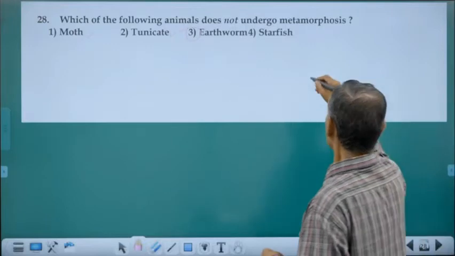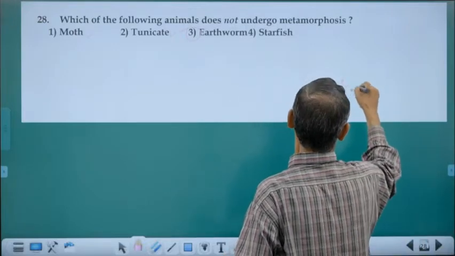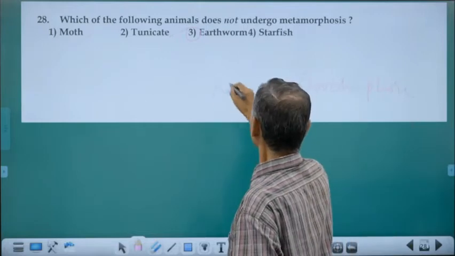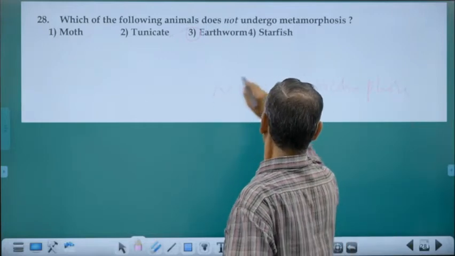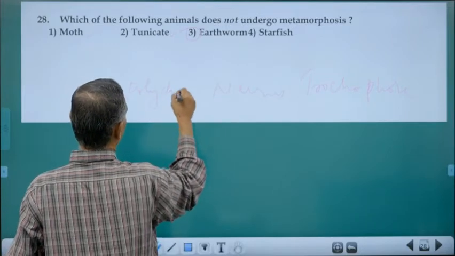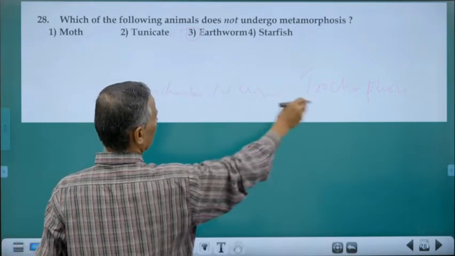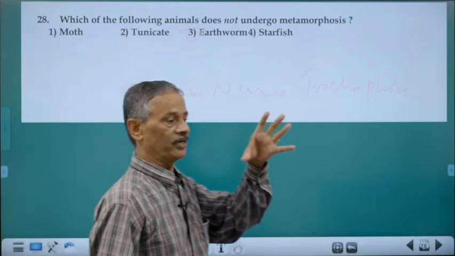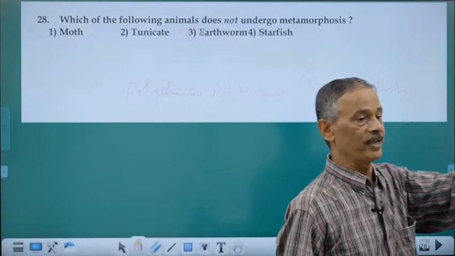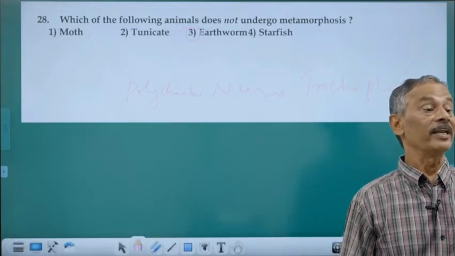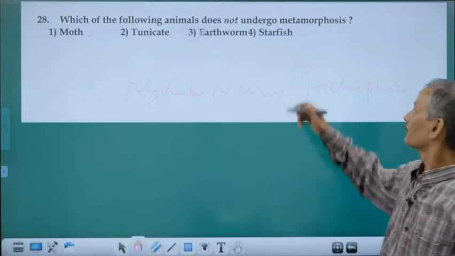It is called trochophore larva. In Nereis, that is coming under Polychaeta. In the group Polychaeta, development is indirect. Whereas in Oligochaeta, earthworms, and Hirudinea, leeches, development is direct.